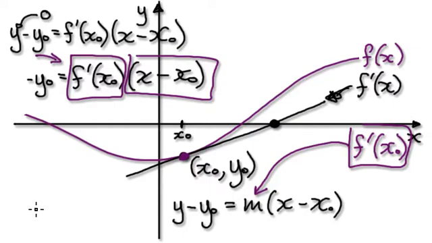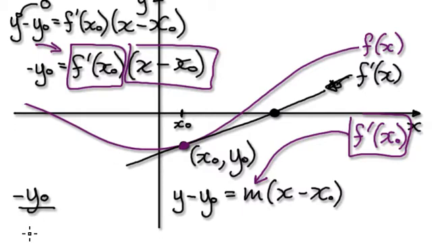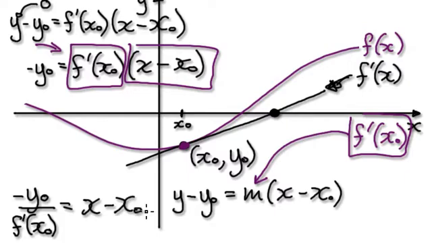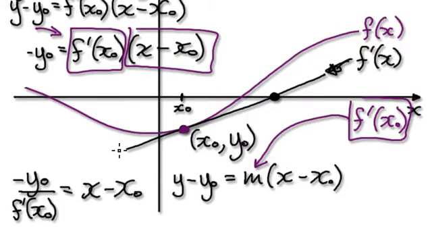That will give you negative y0 over f prime of x0 equals x minus x0 here. And don't forget, we are trying to work backwards to find out x. This x here represents this x here.